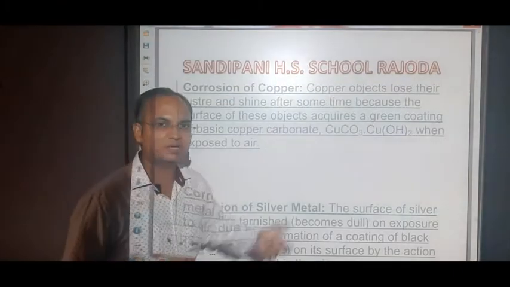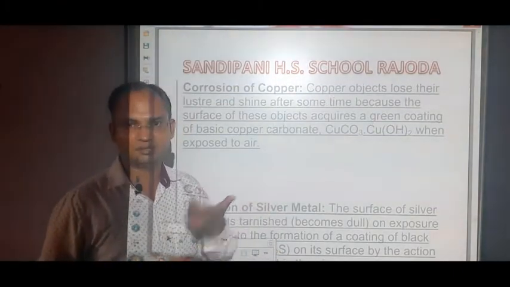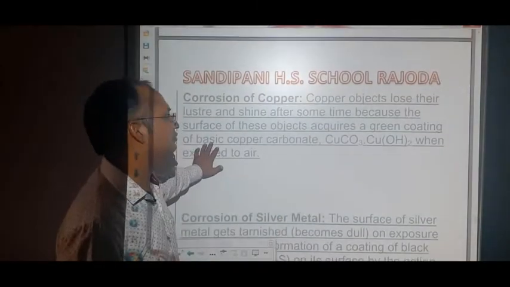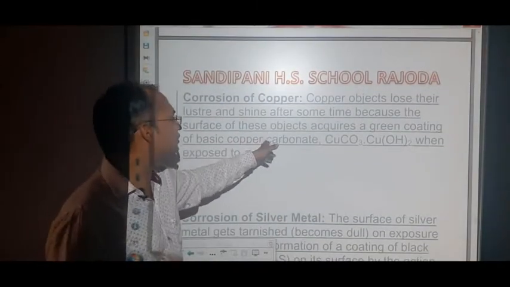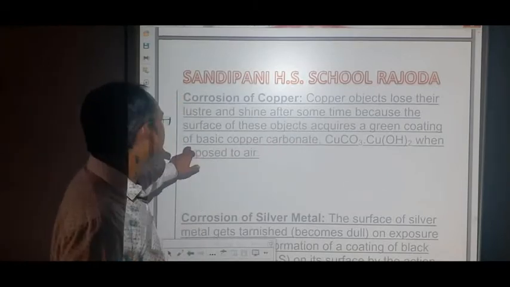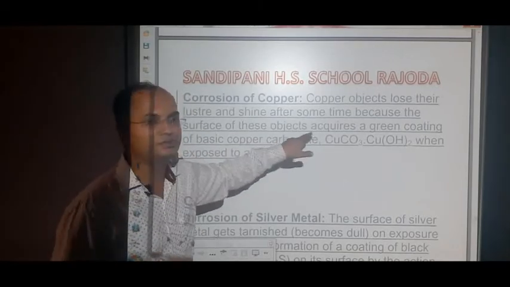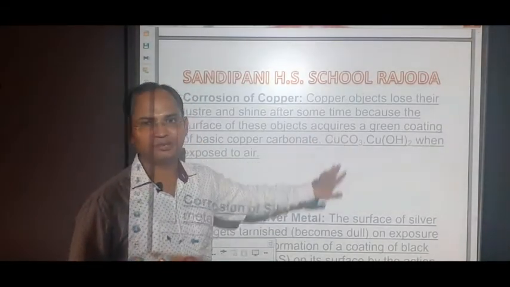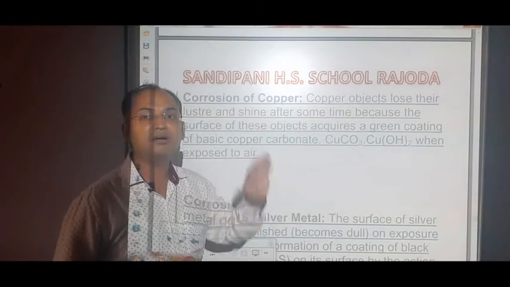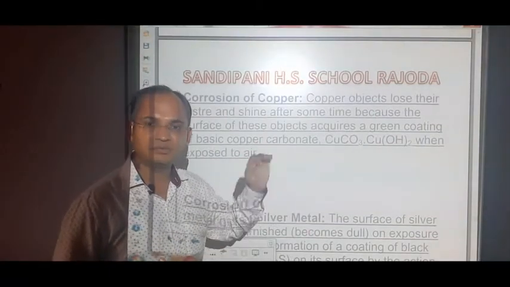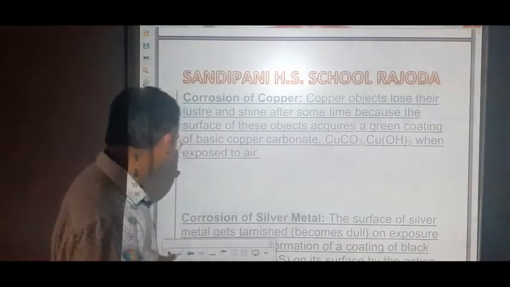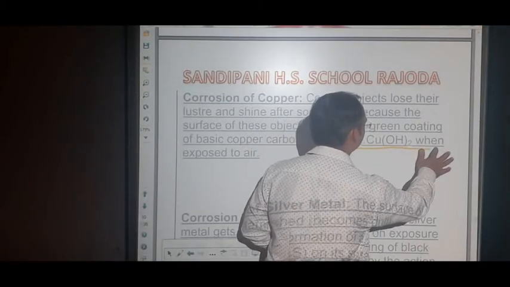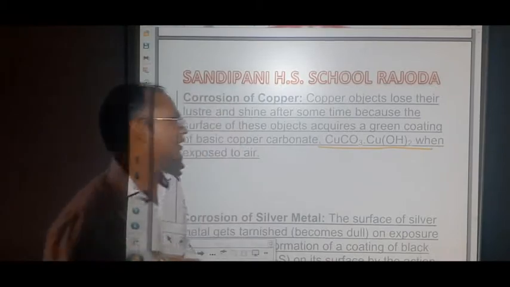Whenever the vessels are new, they shine very nicely, but after some time they lose their luster and shine, because the surface of these objects acquires a green coating of basic copper carbonate, that is CuCO3.Cu(OH)2. See it very carefully, students, basic copper carbonate, and its formula is CuCO3.Cu(OH)2.